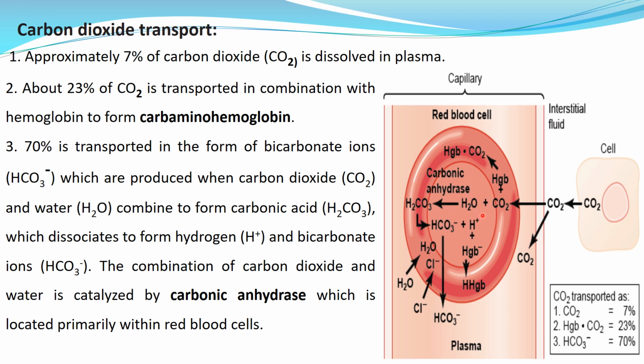If you have a look at this diagram, when the CO2 gets into the red blood cells, it can either be transported through the hemoglobin, which is only about 23% of CO2, or about 70% can be dissolved within the cytoplasm of the red blood cells.